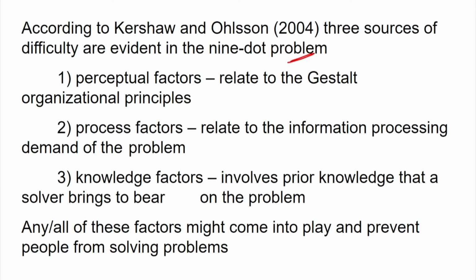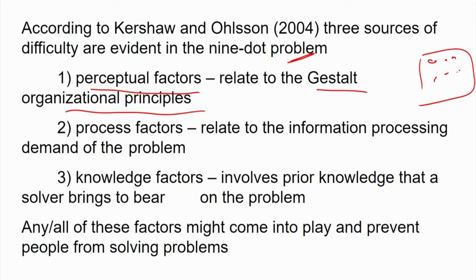So, Kershaw and Olson suggest that there are three basic sources which lead to non-solution of the nine dot problem. First is the perceptual factors relating to Gestalt organization principles. The Gestalt organization principle states that most mental representations have an organization principle, they are organized together, and these principles help you come up with solutions. The idea of perceptual similarity, the idea of figure ground, all those things lead you to stay within the boundary of the nine dots.